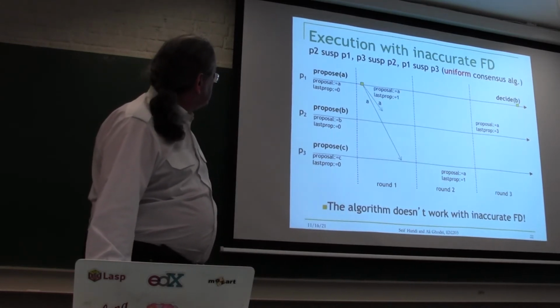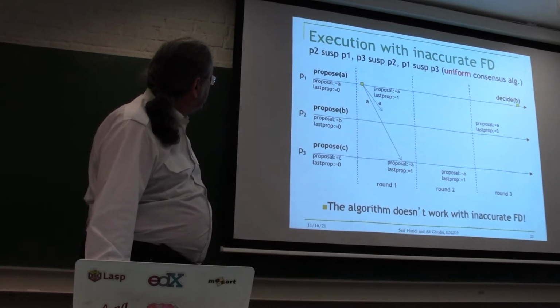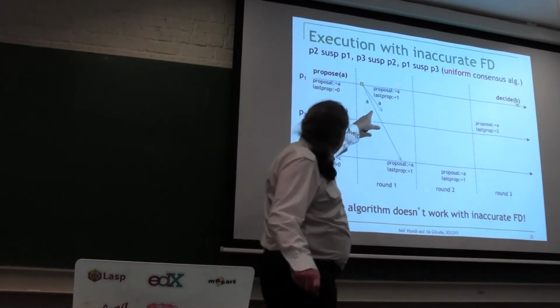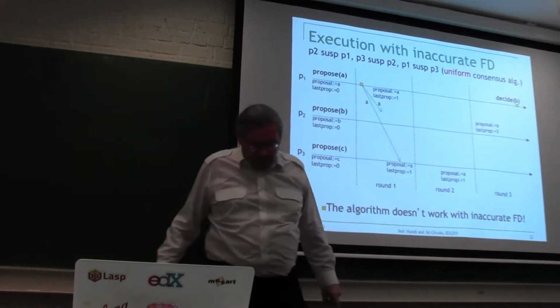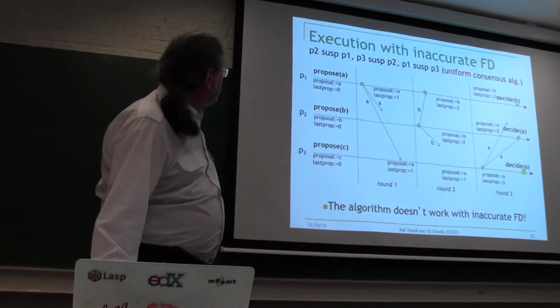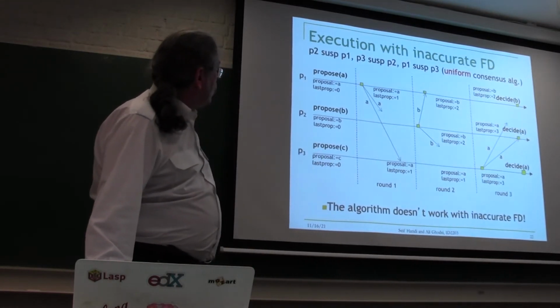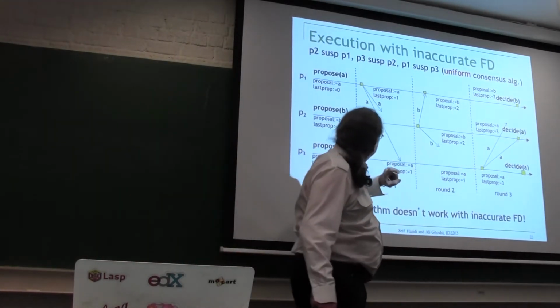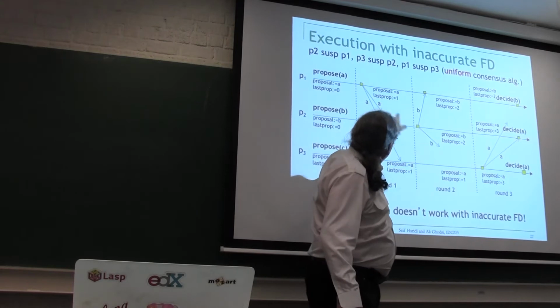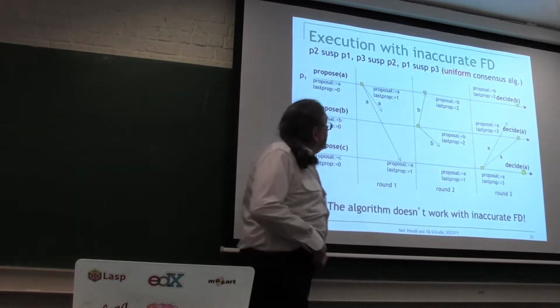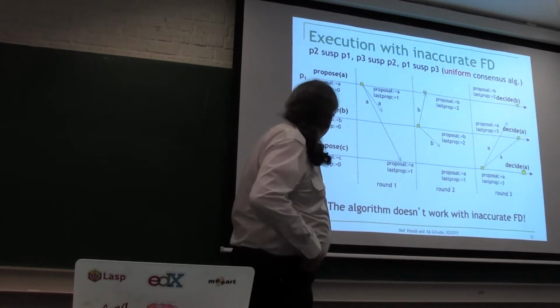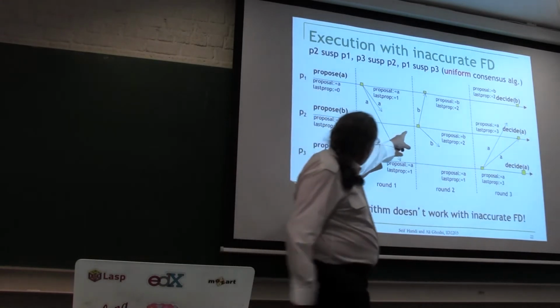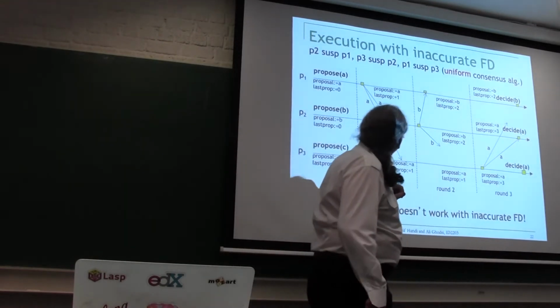So P2 suspects P1, and this A does not arrive at P2. Here we continue now. P2 sends B. It doesn't get the A, so it thinks B. But now this B will arrive at P1.